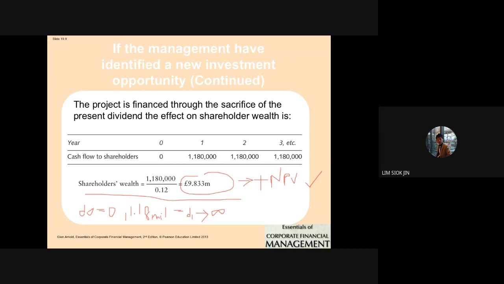So this company, by taking up this project, is actually increasing the wealth of the shareholder. But shareholders or owners have to understand that if they do not get dividend this year, it is so that they have a better wealth in the future. Okay, this is the understanding that owners must have.